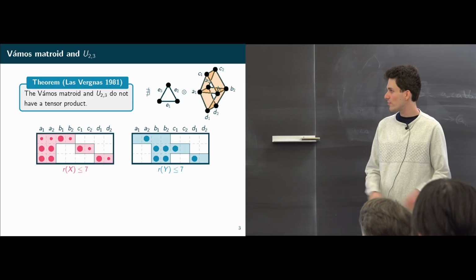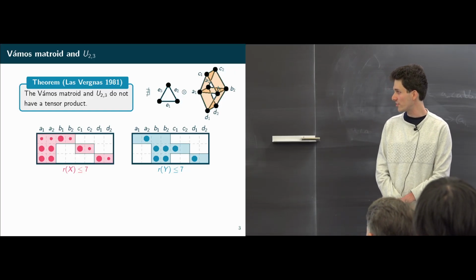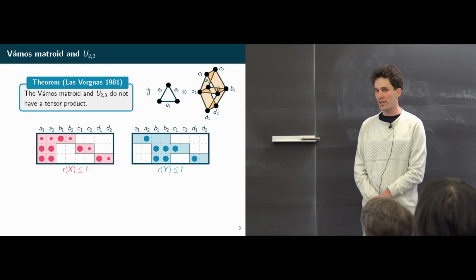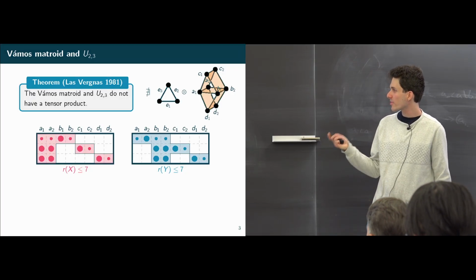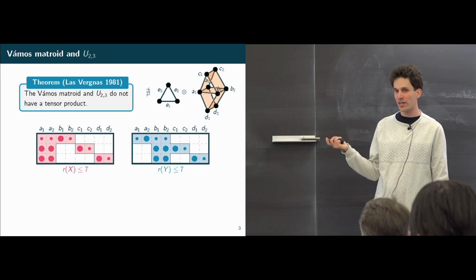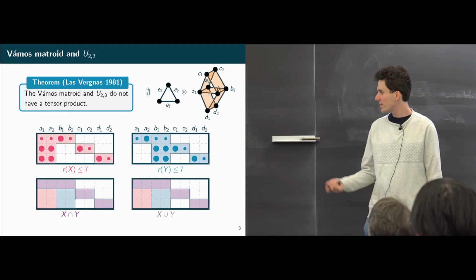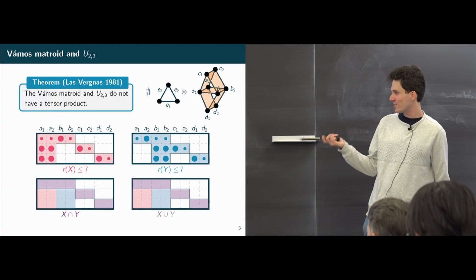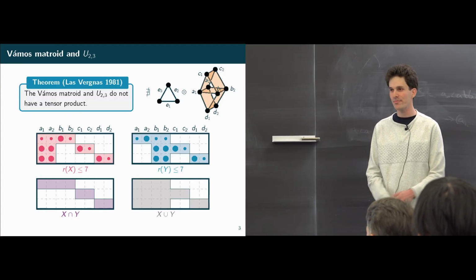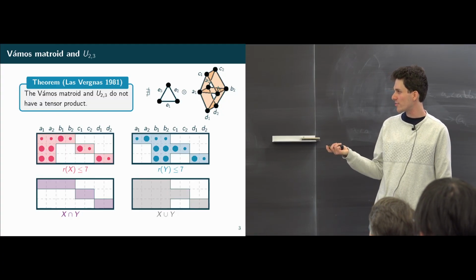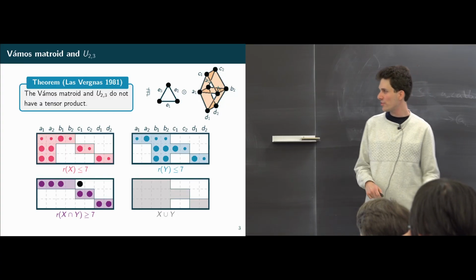And again, for Y, the situation is the same, just we exchange the rows of A and B, and we find the 7 points that span all of Y. So we get that the ranks of X and Y are at most 7. And similarly, just by using colors and drawing dots, we can give a lower bound on the rank of the intersection and the union. If we take the intersection, then we can get a lower bound by adding 1 more point.